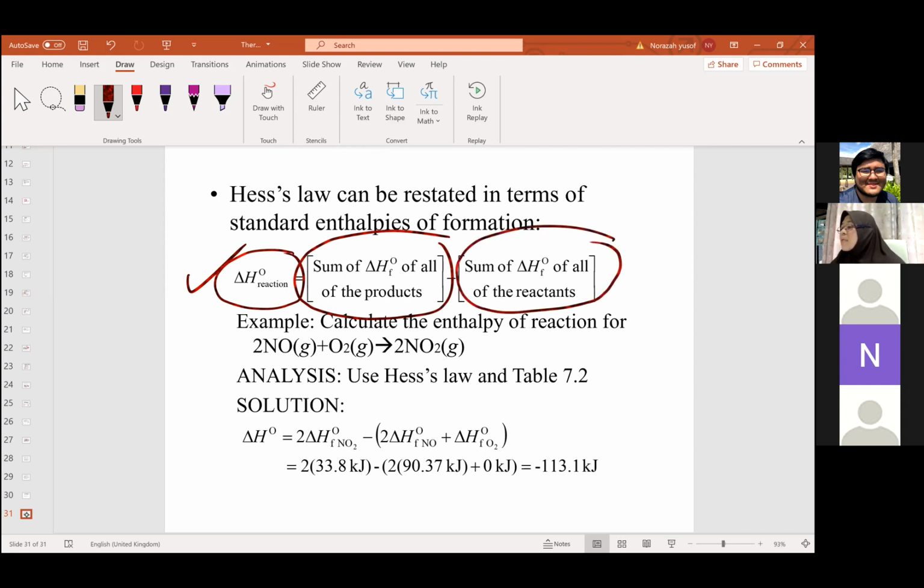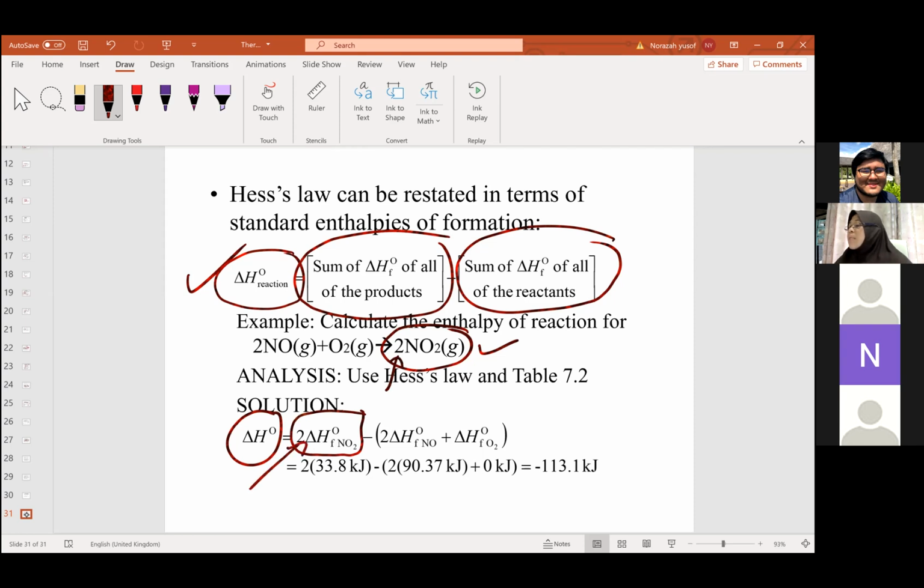So if we look at the example, calculate the enthalpy of reaction for 2 nitrogen monoxide plus oxygen forming 2 nitrogen dioxide. So the enthalpy change is the sum of delta H naught for the product. The product is 2 NO2. We can find it from the table, and since the stoichiometry is 2, we have to use 2.